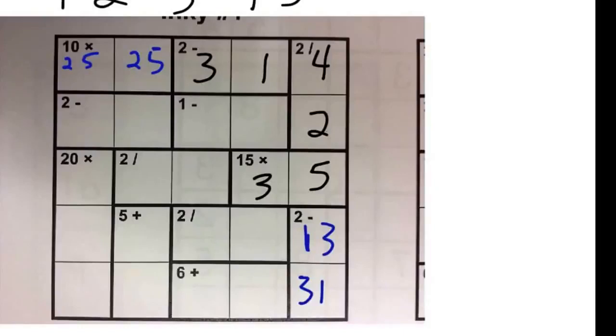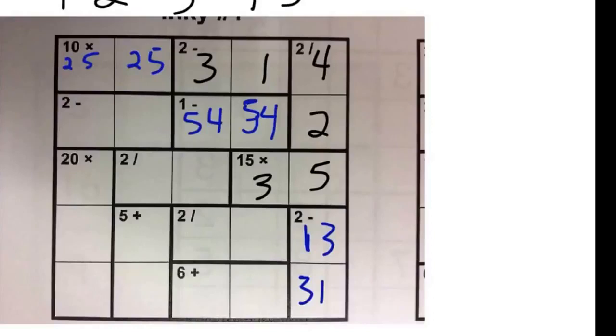So you could do 5 and 4, or 3 and 4, but that doesn't work because we've already got a 3 here, so that can't be a 3, and we've already got a 3 in the other row. So 3 and 4 doesn't work. So it has to be 5 and 4. Yeah, there's no other option, but we don't know which order again. So it could go 5 or 4, or 4 or 5 in this box.